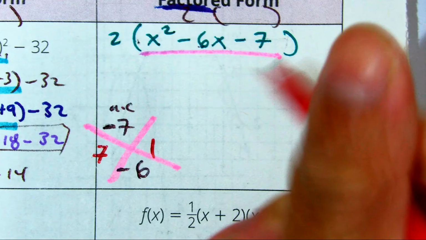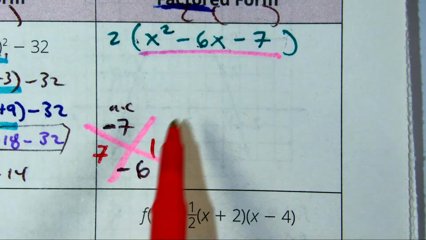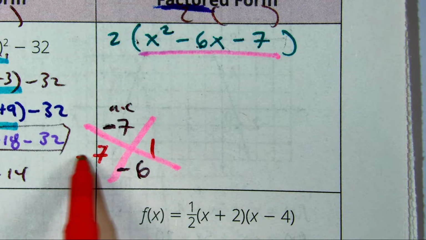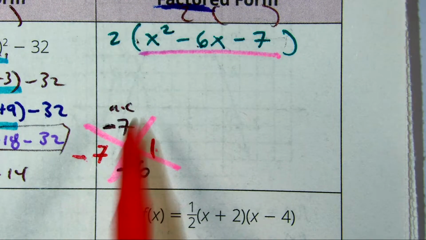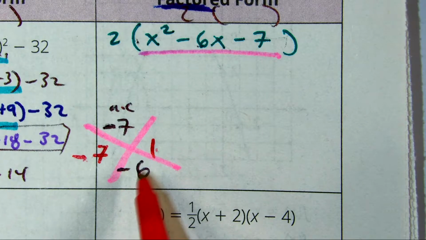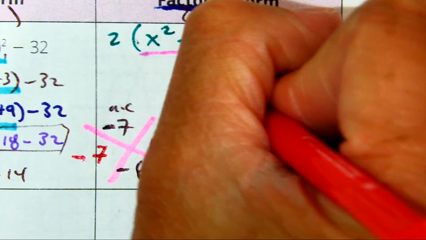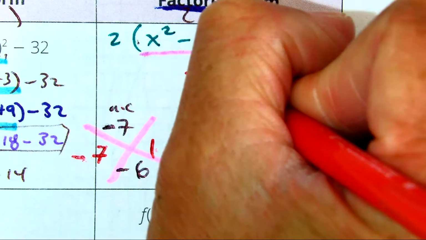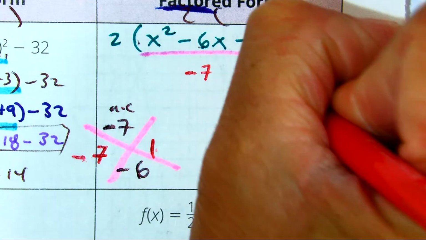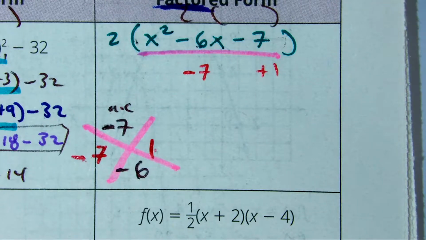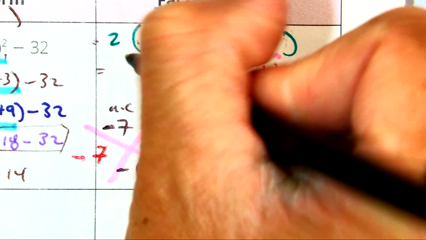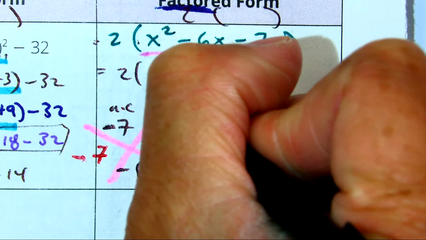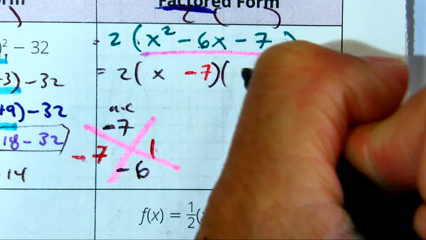And which one of those is negative? Negative 7 times 1 is negative 7. Negative 7 plus 1 is negative 6. So if you were with us for the first 2 weeks of school, we worked on that a lot, right? What does that mean? Our answer is x minus 7 and x plus 1.